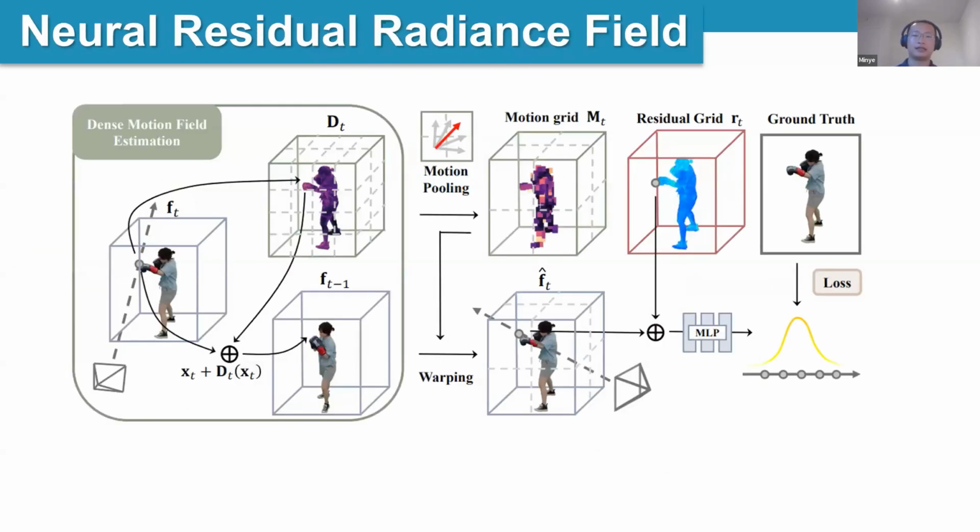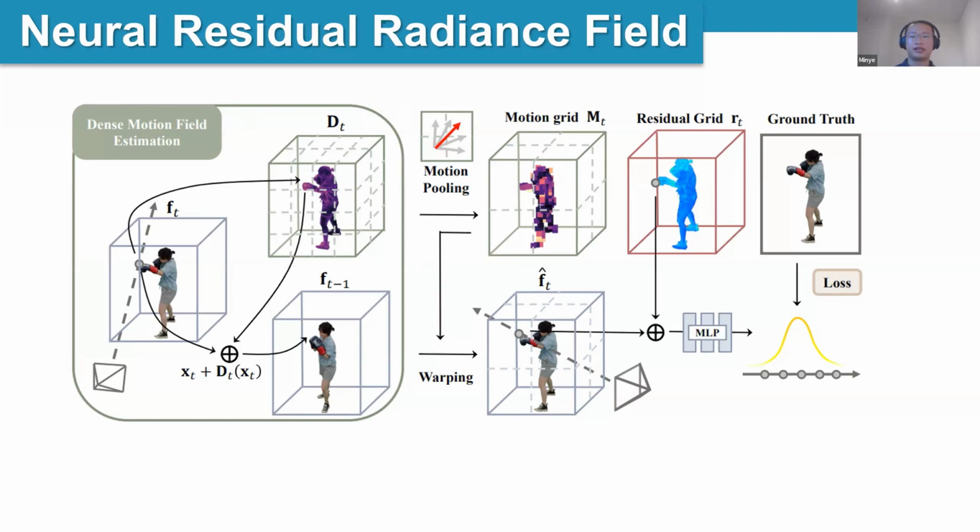So let's turn to the dynamic scenarios. ReRF employs several strategies during training to enhance the interframe redundancy and boost the compression rates. So this is the pipeline of our Neural Residual Radiance Field.